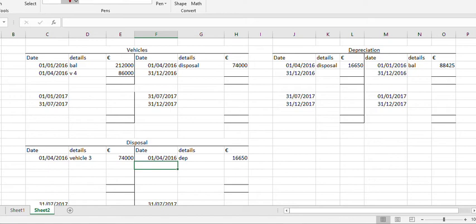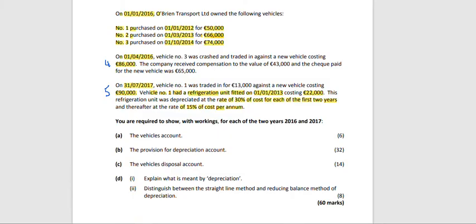First of all, we will do the compensation, which was 43,000, and then we will work out the trade-in.